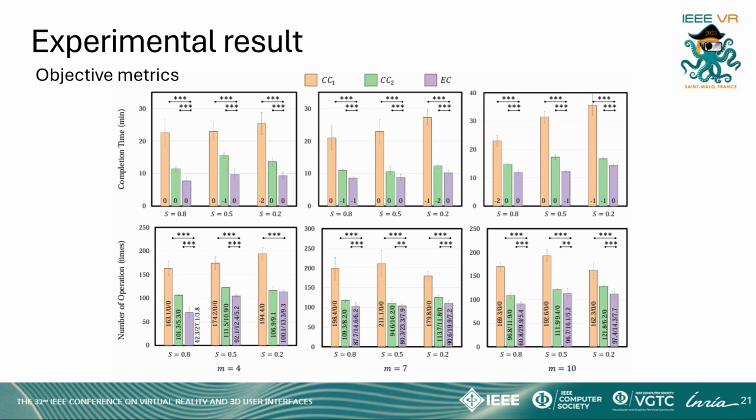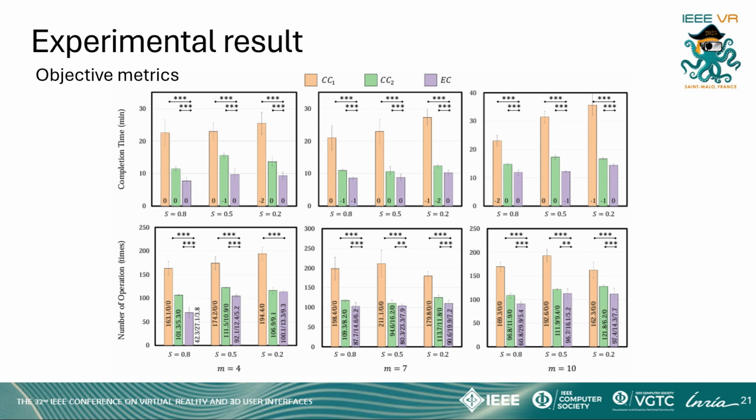Post hoc comparisons revealed nuanced patterns. While group numbers M equals 4 and M equals 7 initially appeared equivalent, subsequent analysis showed significant differences between them, though M equals 7 and M equals 10 became indistinguishable.